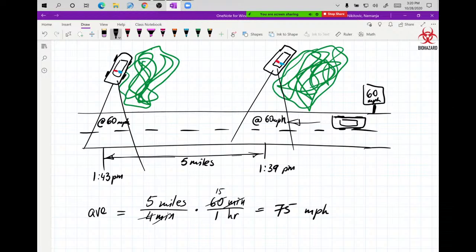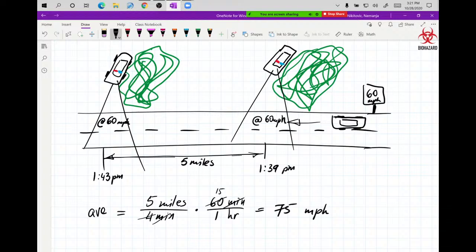And that theorem guarantees that your instantaneous speed was at least once 75. So solving this basic physics problem, where you have the distance traveled divided by time traveled, that's going to be giving you the average speed.